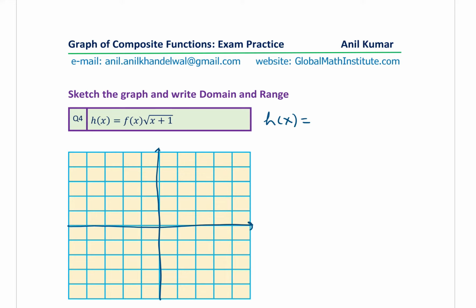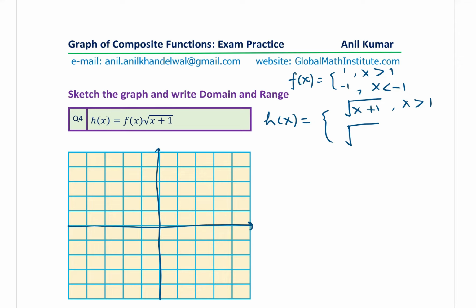F of x, you remember, let me write down f of x once again here, which was equal to plus 1 for x greater than 1 and minus 1 for x less than 1, correct? So h of x will now be defined as square root of x plus 1 for x greater than 1, and for the value when x is less than 1, it is what?